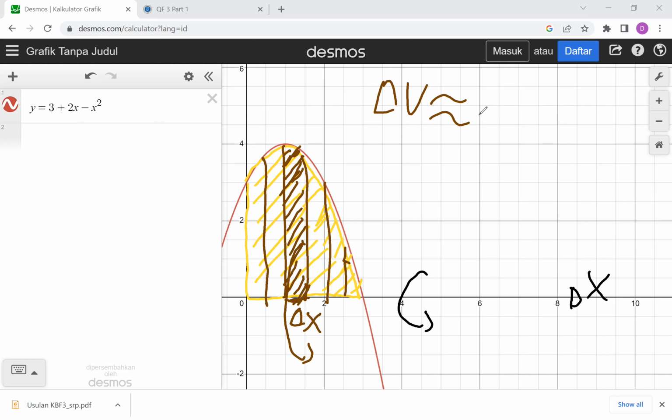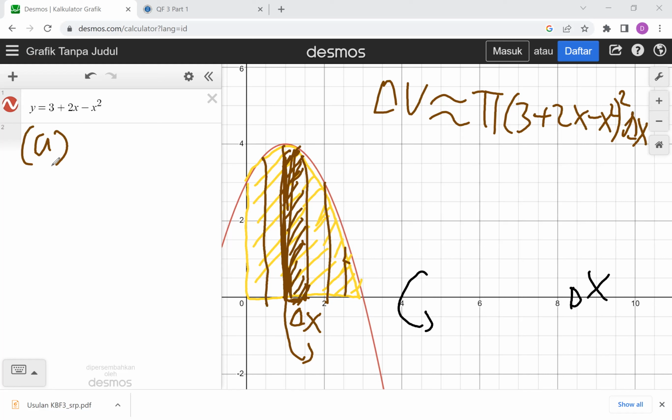Its area will be pi, and then the radius is, if this is x, then the radius is 3 plus 2x minus x squared, multiplied by the thickness of the cylinder, namely delta x. So this is part A. The rotation axis is the x-axis.